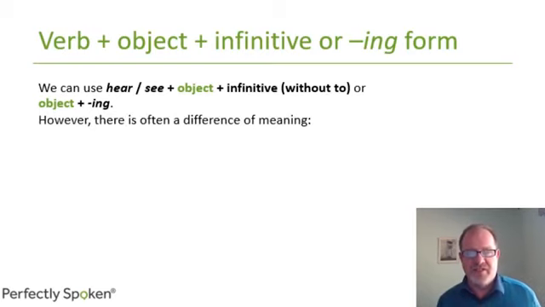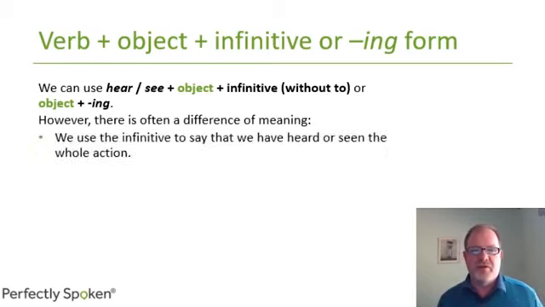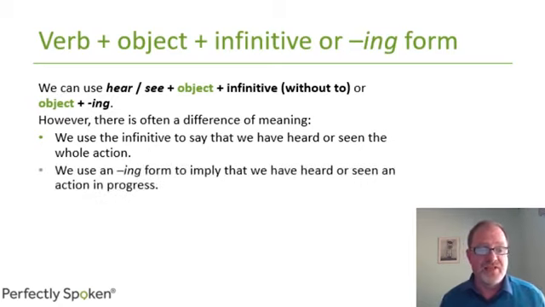When we use the infinitive, we're talking about the fact that we have seen or heard the entire action from start to finish. We use the ing form to suggest or imply that we see the action in progress as it's happening in the middle of the action, not from start to finish, not in its entirety.